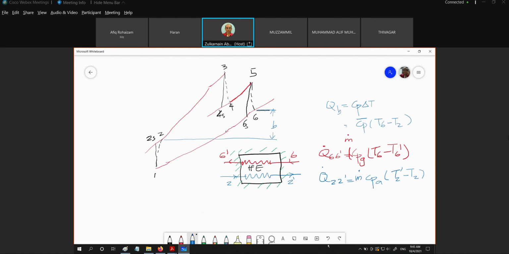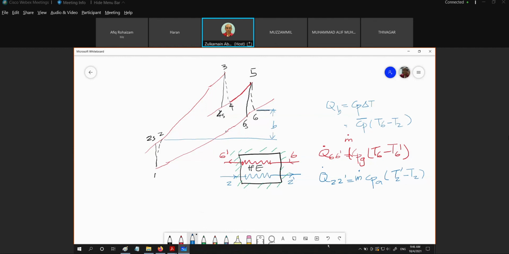Then if this is equal and this heat exchanger is operating with 100% efficiency, then our T6 prime should be equal to T2 prime. Now, let us look at the increment of the temperature. Let's say this is not 100% efficiency.